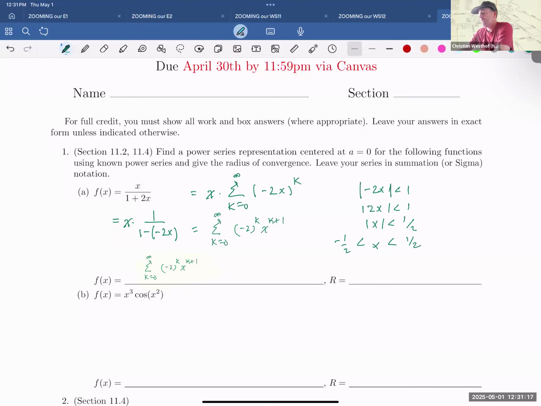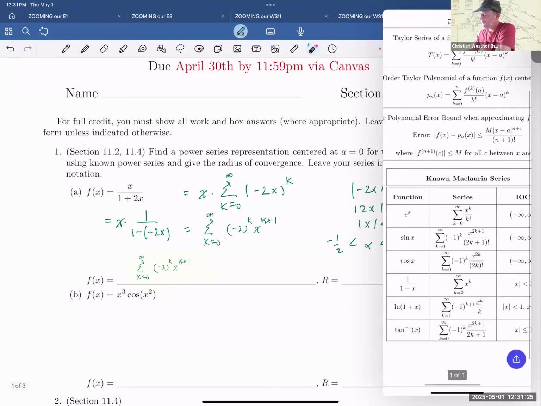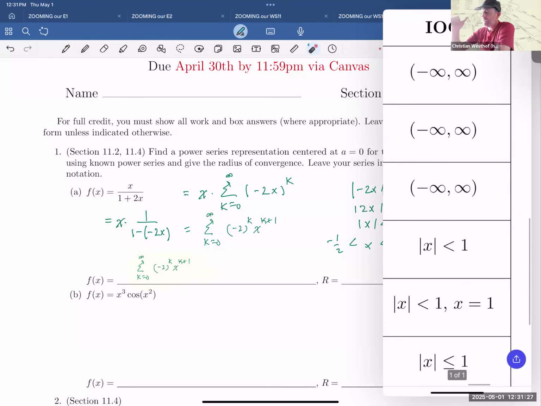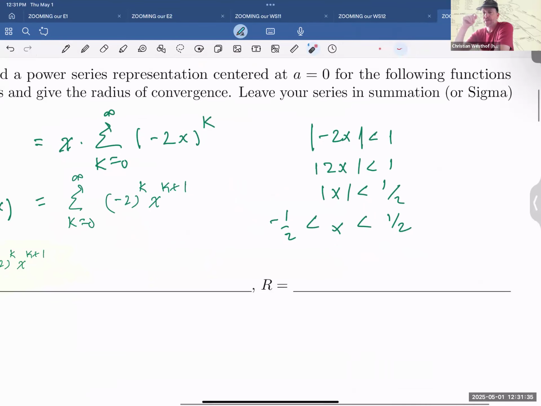The benefit of using your known power series, 1 over 1 minus x, is it tells you more about the interval. It tells you that the endpoints are excluded because it's strictly less than 1. So here, our endpoints are excluded. We're going to be open. x will be strictly less than 1/2 and strictly bigger than negative 1/2.